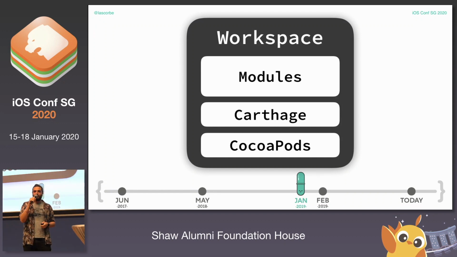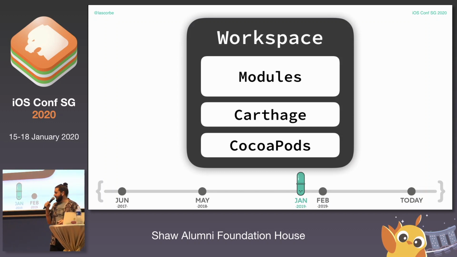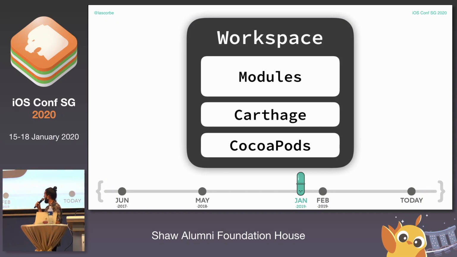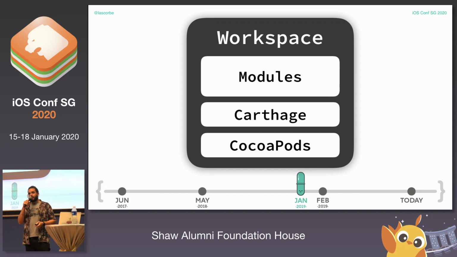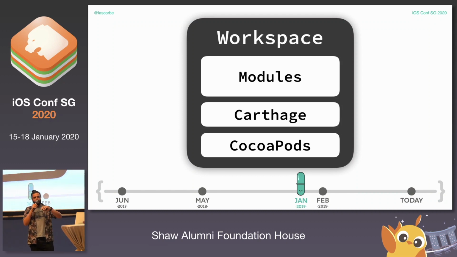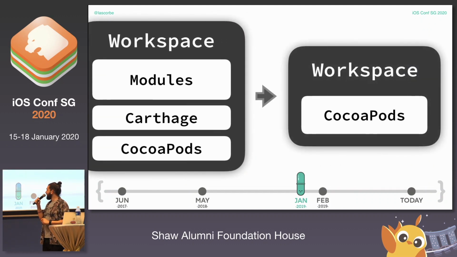We are smart iOS developers. So let's not only get rid of Carthage, but also take all the modules and put them in CocoaPods, so we only have one thing. We don't have Carthage, CocoaPods, and Xcode projects. And we did it. We moved everything to CocoaPods.